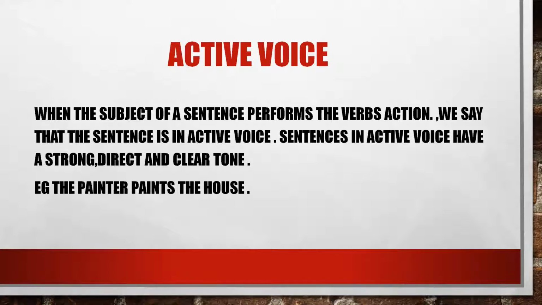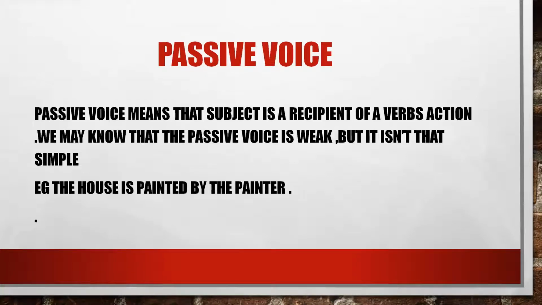Example, the painter paints the house. Passive voice means that the subject is a recipient of a verb's actions. We may know that the passive voice is weak, but it isn't that simple. Example, the house is painted by the painter.